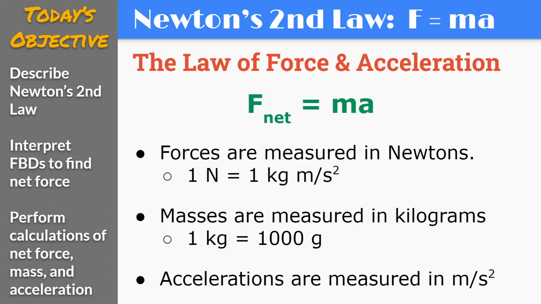It will not give you the right answer. If you need to write down the conversion factor, 1 kilogram is equal to 1,000 grams. The a in my equation is acceleration. Accelerations are measured in meters per second squared or meters per second per second. So again, Newton's second law is summarized by this equation, F net equals ma.